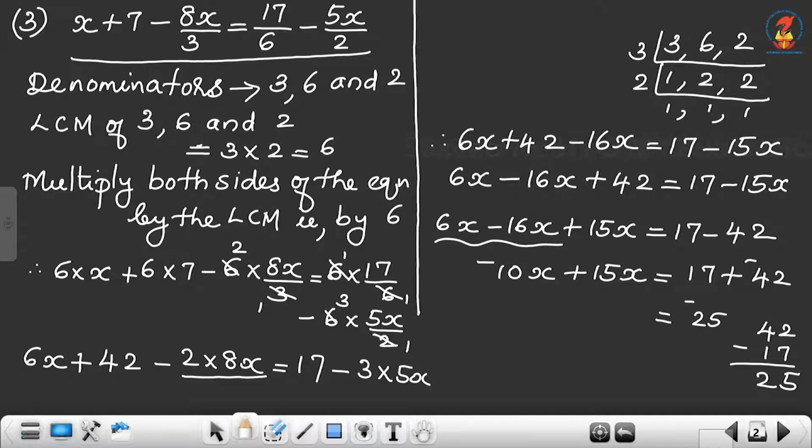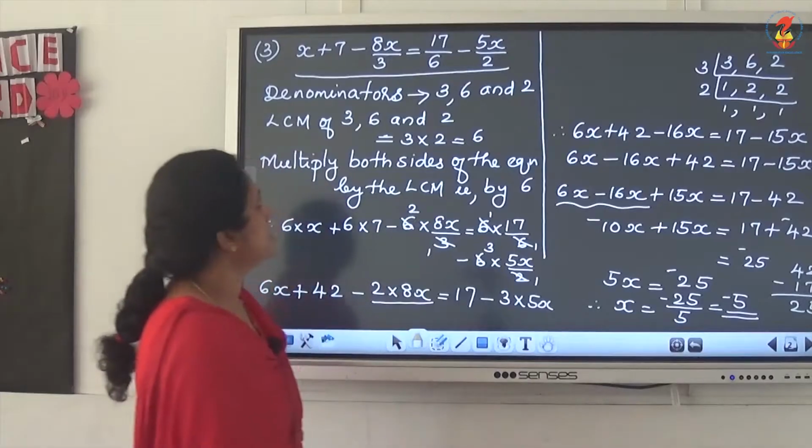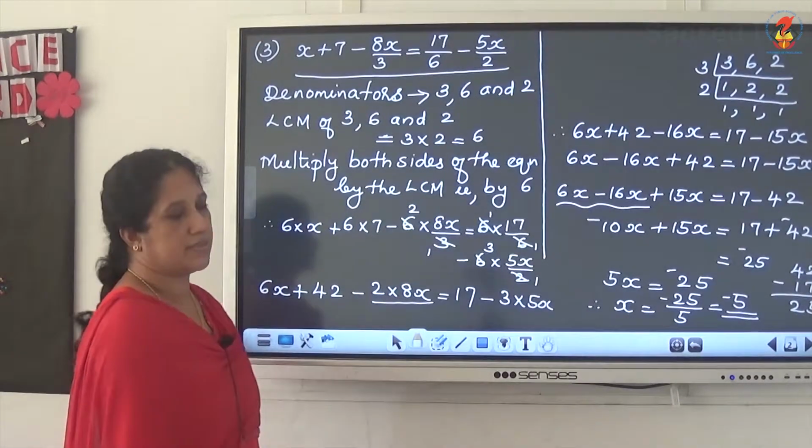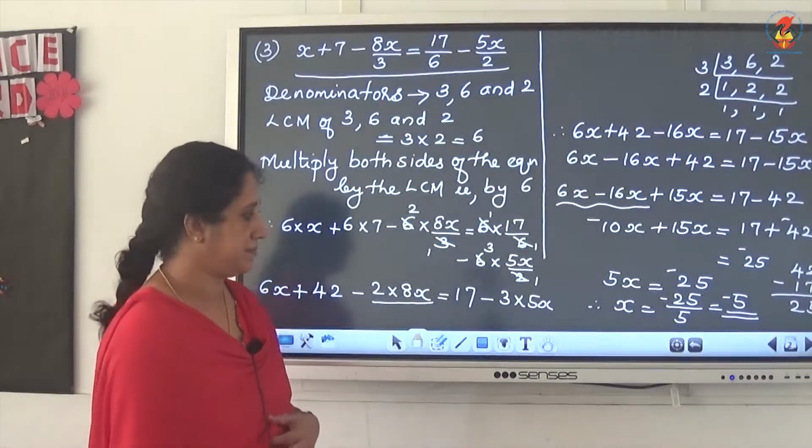Then negative 10x plus 15x, negative 10 plus 15, will be 5x. So 5x equals negative 25. Therefore, x equals negative 25 divided by 5. What is negative 25 by 5? It equals negative 5. Therefore, the solution, or the value of x, is negative 5.